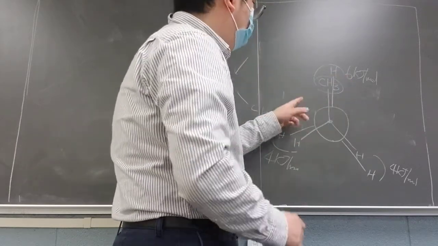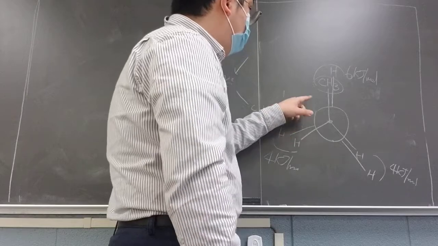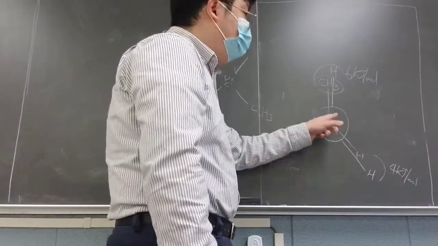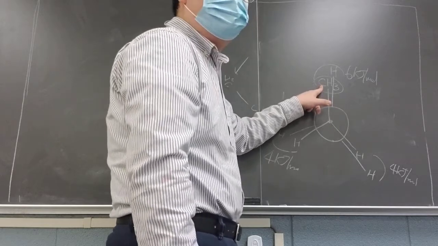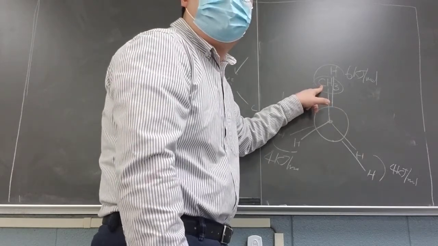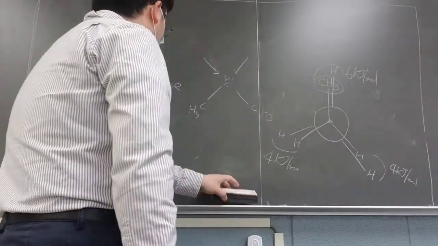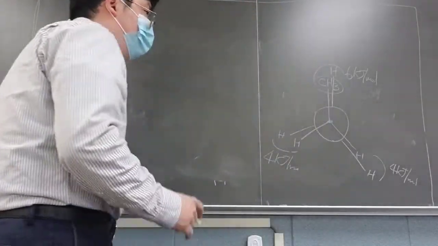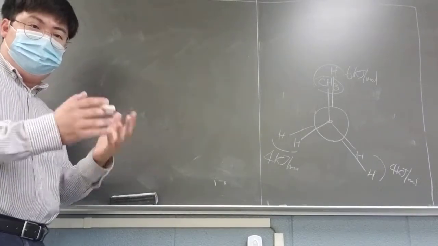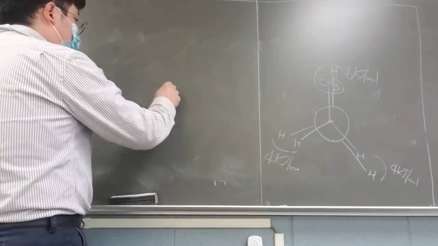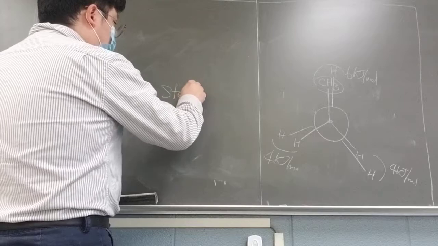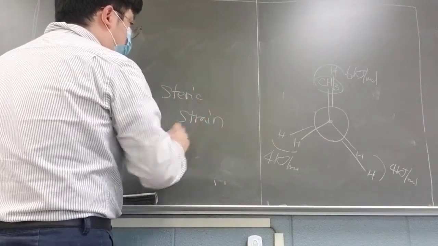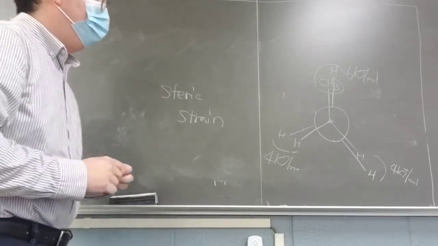So if you look at this one here, it's not just about the angle of the eclipsed conformation, but also the size, right? Size matters here. The hindrance, the force generated because of its size, we call steric strain.